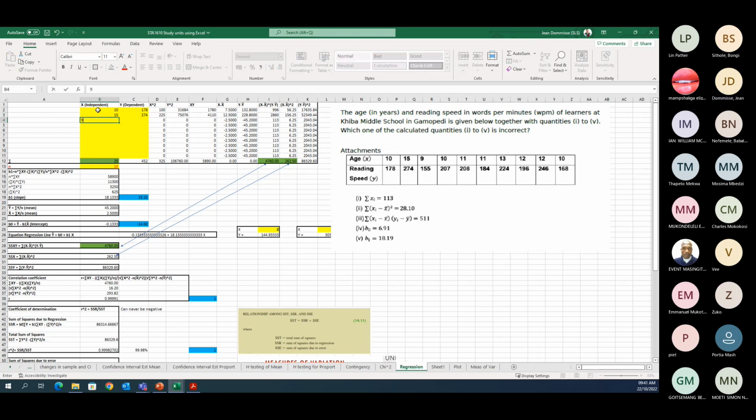Because if you swap it around, a lot of the things will still look right, but the sum of the X's would have now become the sum of the Y's.